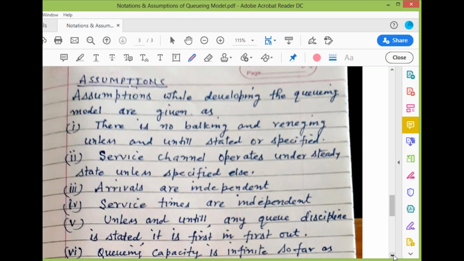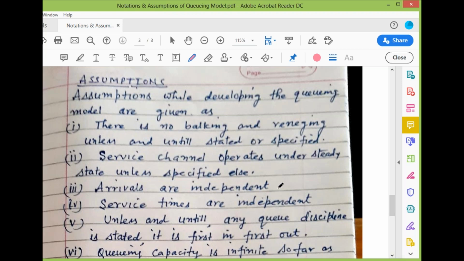Recently, the model we discussed, M/M/1, is under the steady state, because no other state is mentioned that we are going to study the M/M/1 model under the transient state. So therefore the steady state is always assumed here.